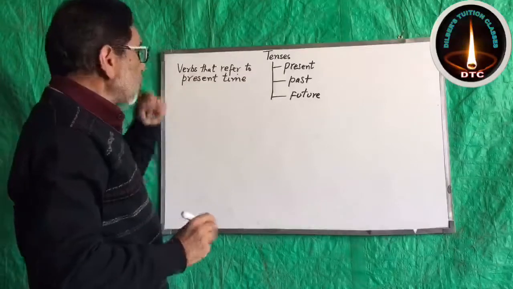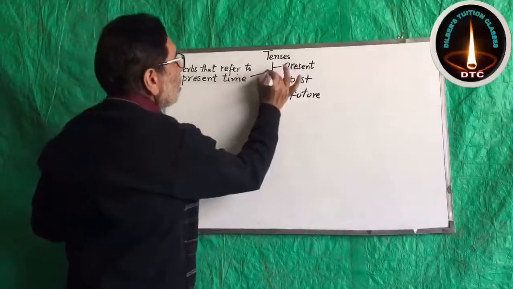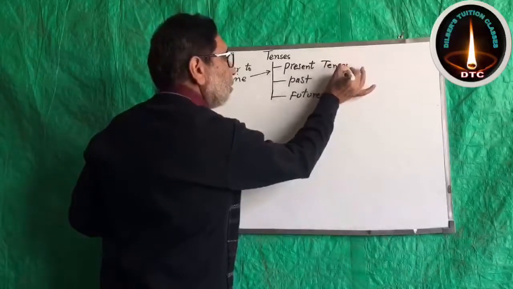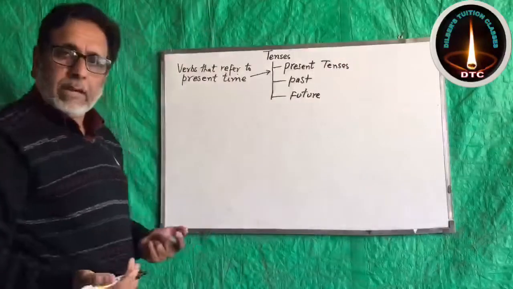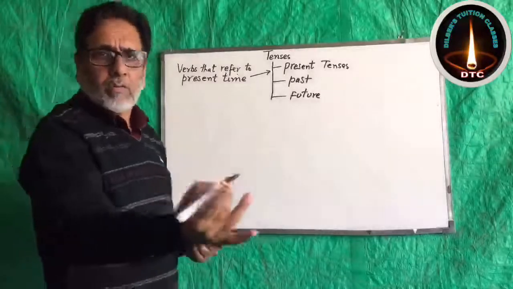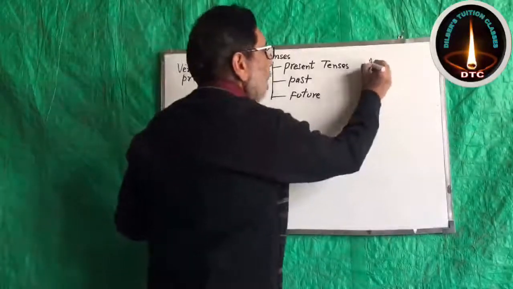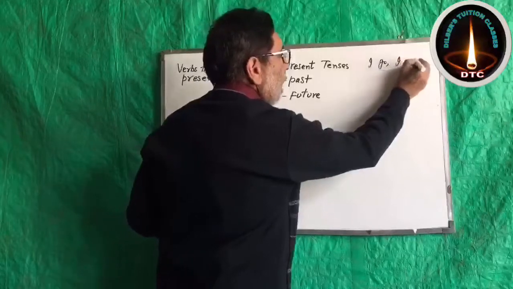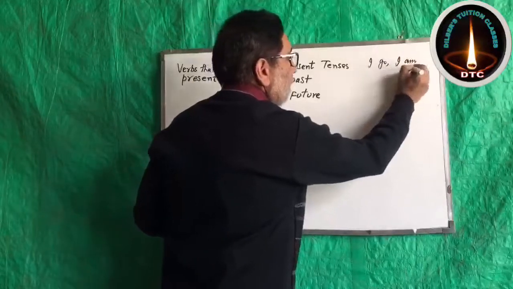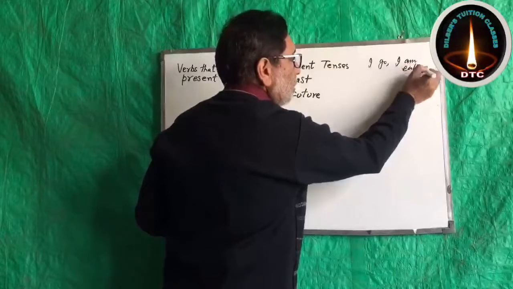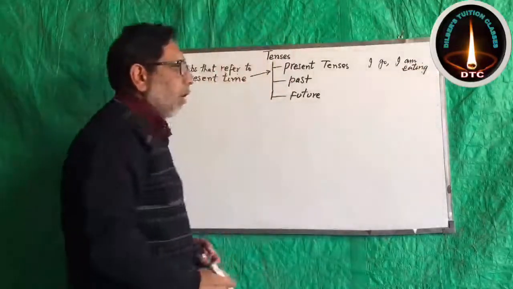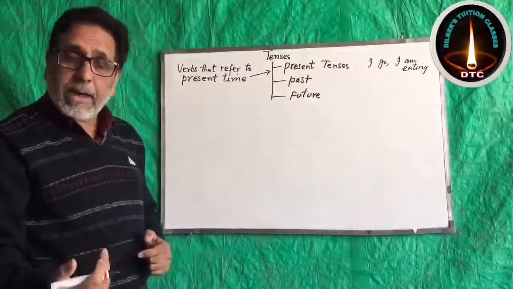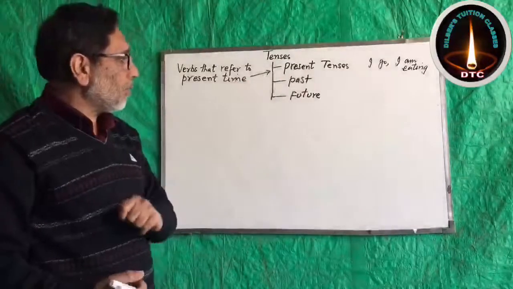So verbs which refer to present time are called present tenses. For example, I go, or you may say, I am eating, etc. They refer to the present time, so they are called present tenses.